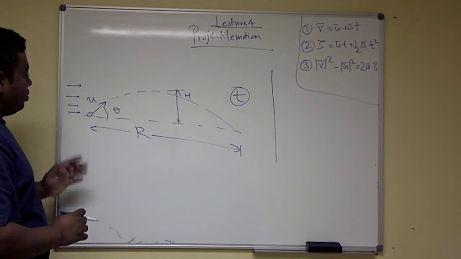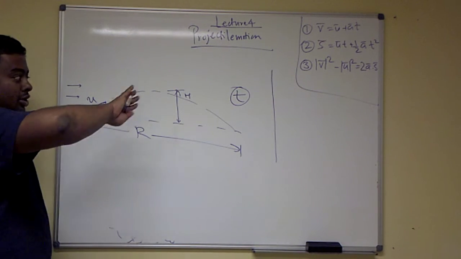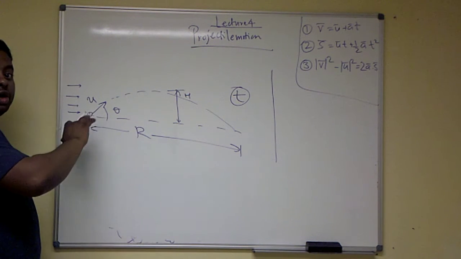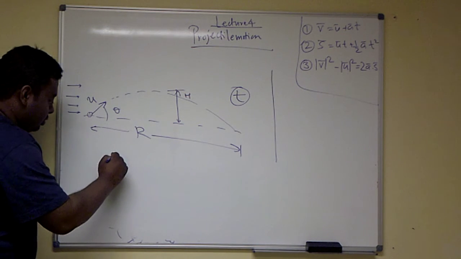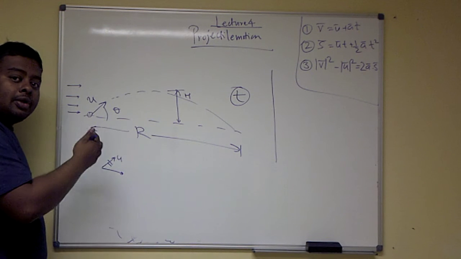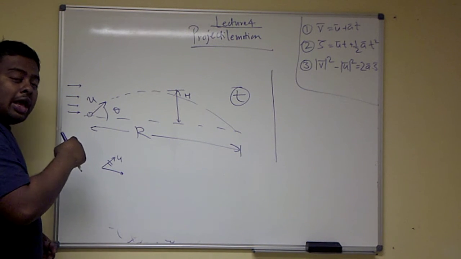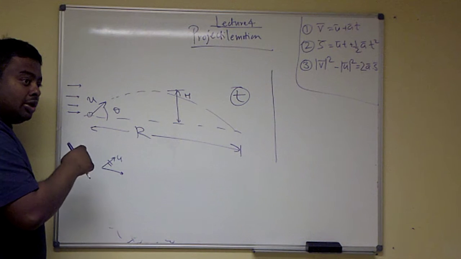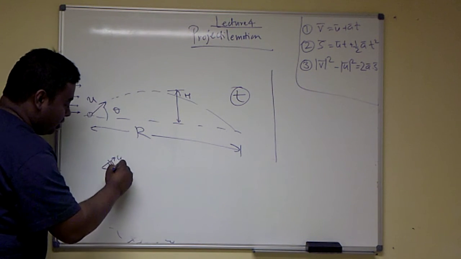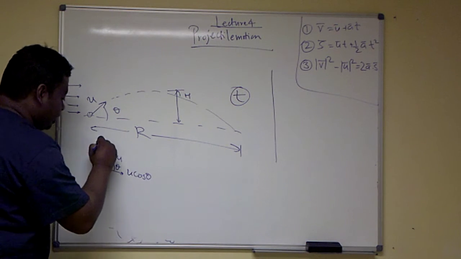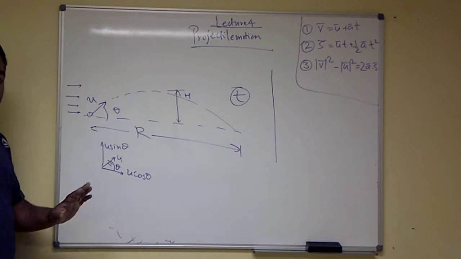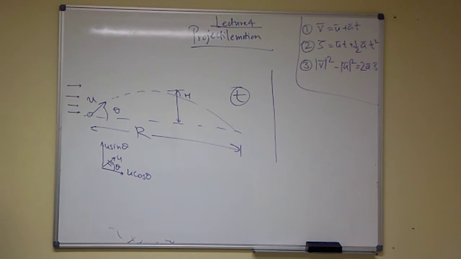In order to get the recording on the vertical screen, the velocity will no longer remain u. It will have its components in the horizontal and vertical direction. The horizontal component will be u cos theta, and the vertical component will be u sin theta, and then you can forget about the initial velocity u once you have the u cos theta and u sin theta.